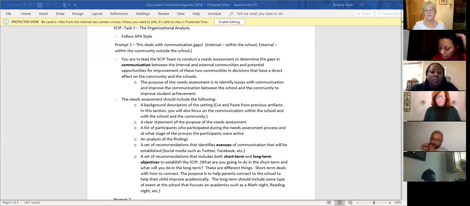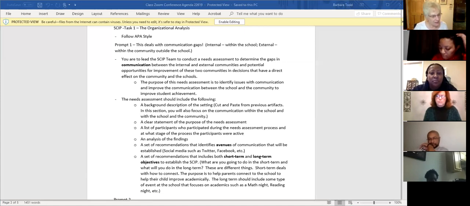So what you're supposed to include in this organizational analysis is the background of the organizational setting. Some of that you've already got. The participants who helped you go through this. Then a detailed description of the procedures used for the data collection and the analysis. And then the last part of this is what recommendations you would make for the school improvement plan.